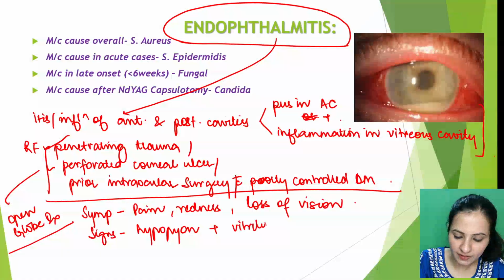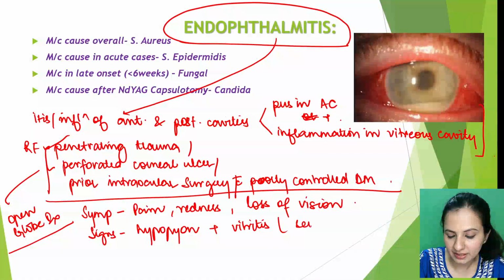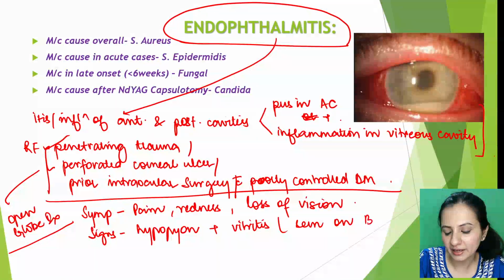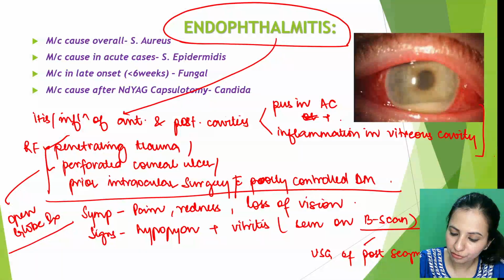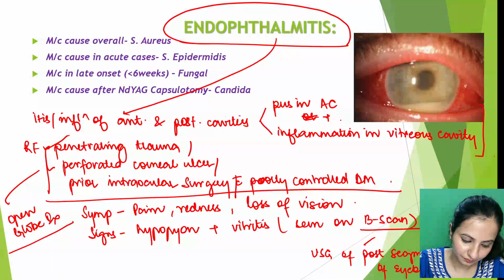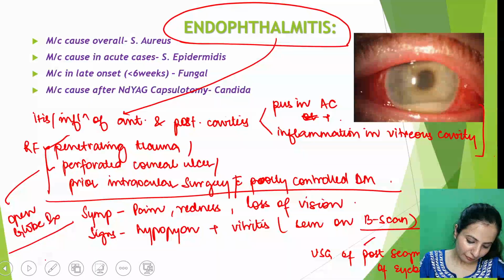Now, how will we see vitritis? Vitritis is seen on B scan. Now, what is B scan? B scan is the ultrasound of the posterior segment of the eyeball.